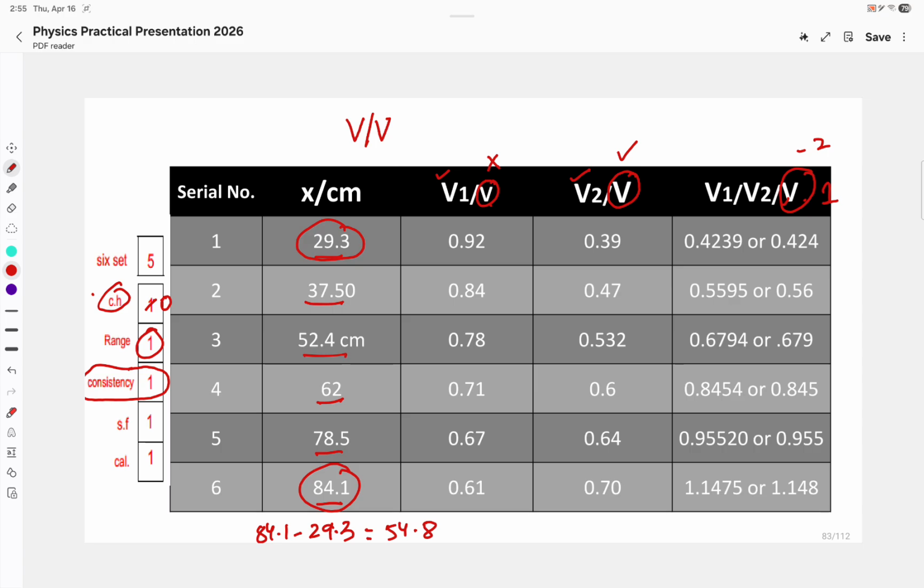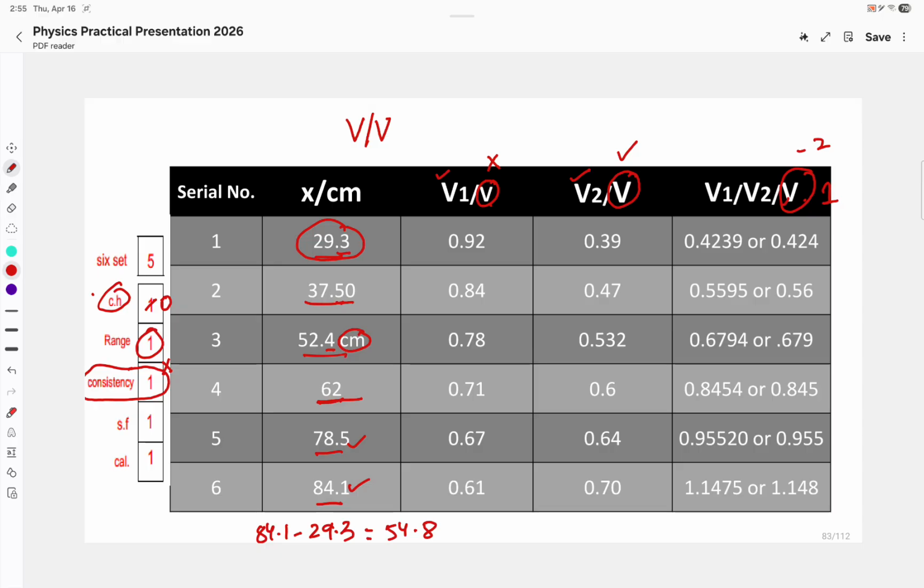And since it's a meter ruler which is precise up to 1 millimeter, it means all the values in centimeter must come with 1 decimal place. I have mentioned 2 decimal places here. I have mentioned a unit with 1 decimal place. No decimal place is mentioned here. This is correct, this is correct, but there are 2 mistakes here. I will lose a mark for consistency. You got this? It should be remembered.